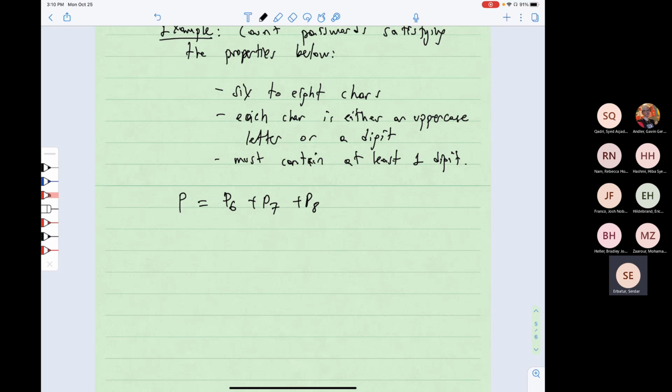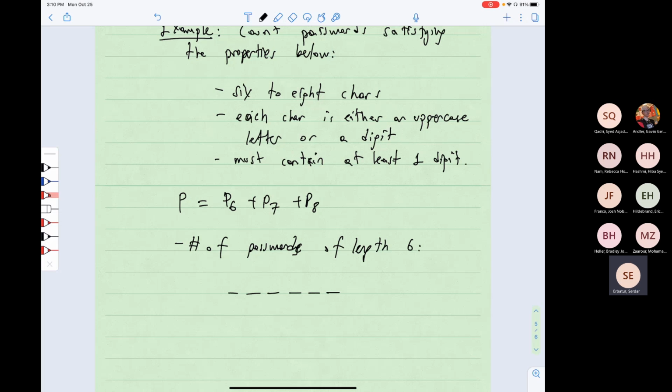So let's calculate P6. It says each character is either an uppercase letter or a digit. So, the number of passwords of length 6, like this one I'm counting only. Well, I have to pick 6 characters.